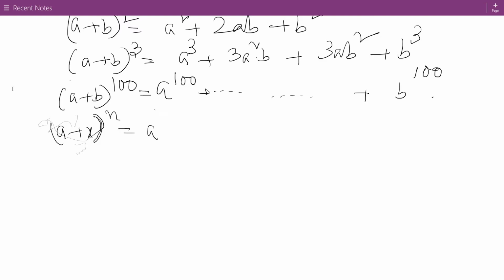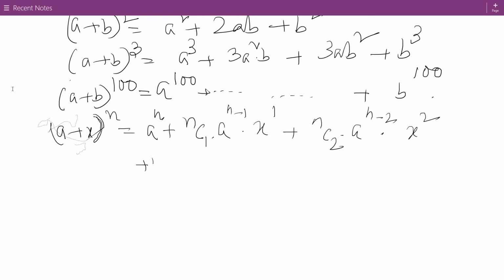You write in this way: A to the power n plus nC1, this is a combination, A to the power n minus 1, X to the power 1, plus nC2, A to the power n minus 2, X to the power 2, plus nC3, A to the power n minus 3, X to the power 3.